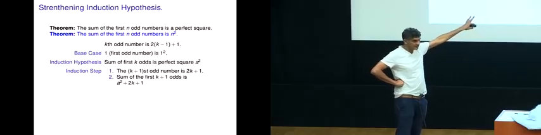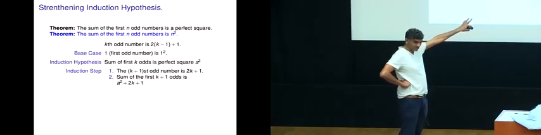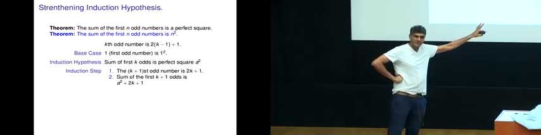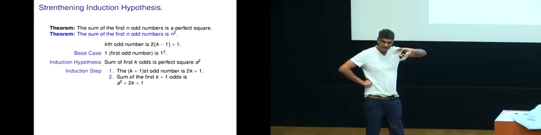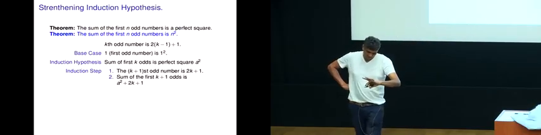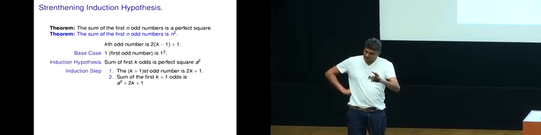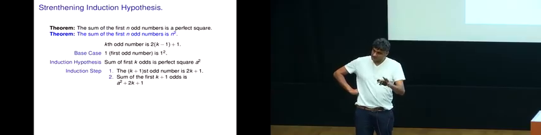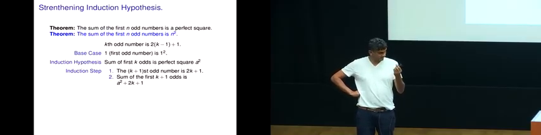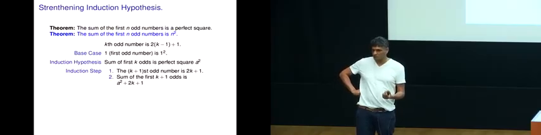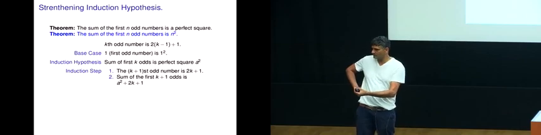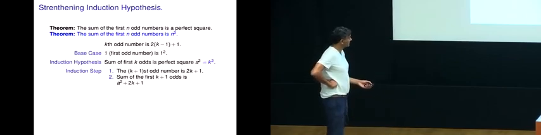That's true. What you get to assume is something a bit more. Not only do you get to assume that it's a squared for some a, you get to assume that it's actually k squared. So you get to assume more to prove the next step. That's where the power comes from.